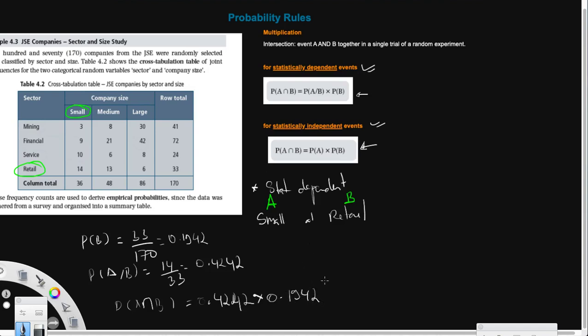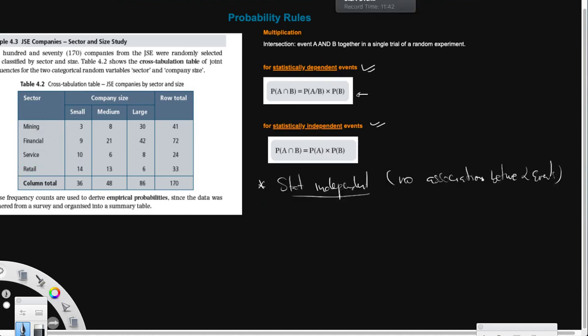Okay, so you get 0.082, which means that we have an 8.2% chance of selecting a small retail company from this large sample, because those two are statistically dependent.